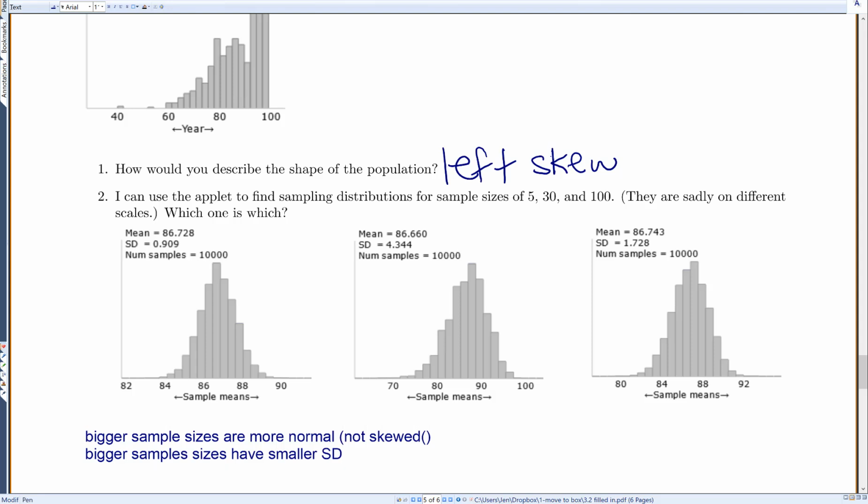So let's look at our examples here. See which one's which. This one looks kind of skewed, don't you think? So that one looks skewed. This one's maybe a little skewed. This one looks pretty normal. But now let's look at the SDs. They're very nice to give us the SDs. So this one has the biggest SD.